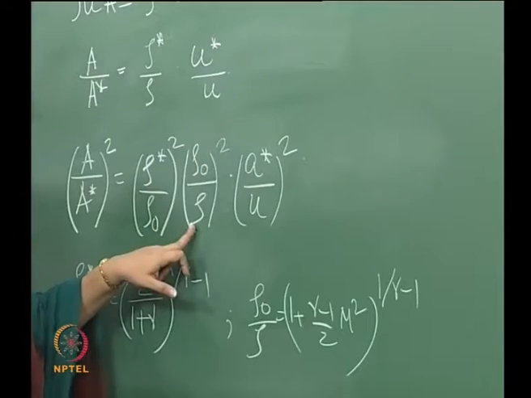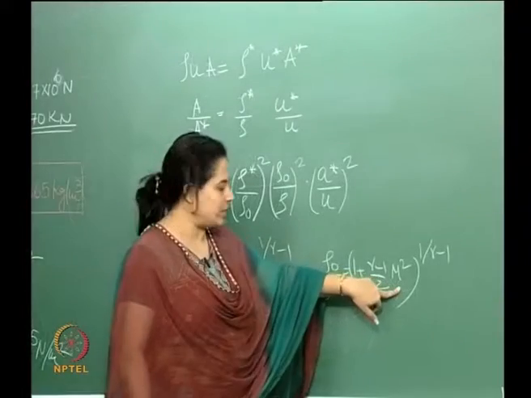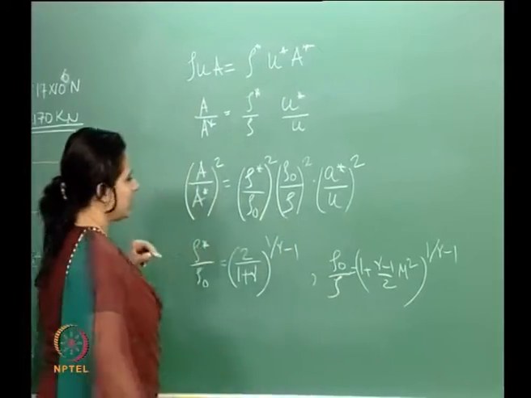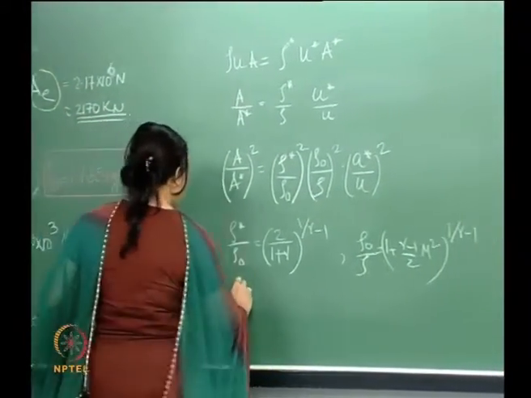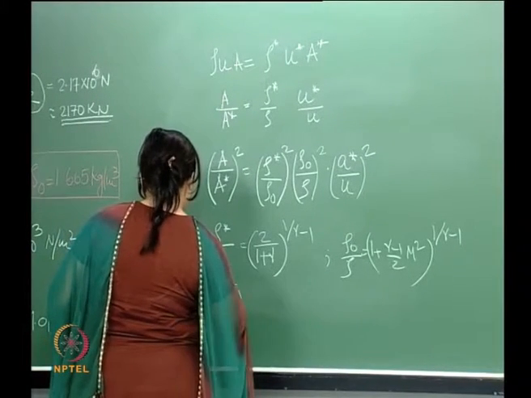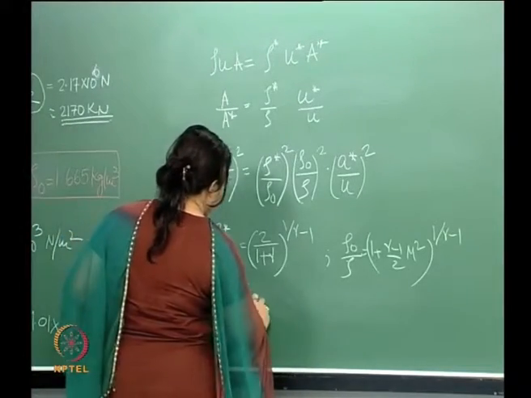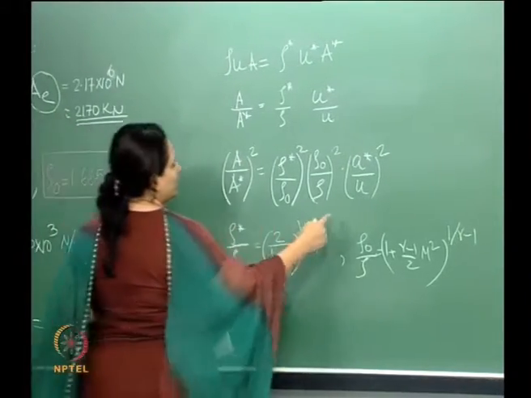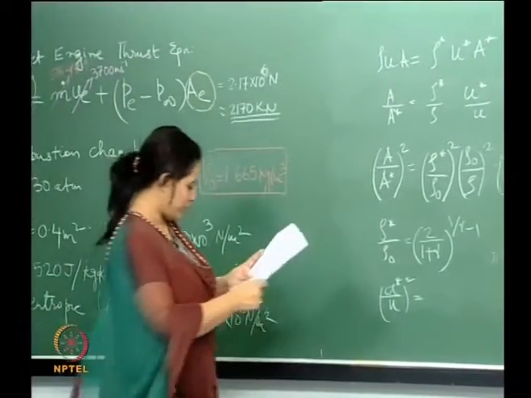Now, rho naught by rho will be in terms of the Mach number. So we can get that in there. Okay. And again, a star by u, right. So this is what? This is nothing but the velocity by the velocity of sound at the throat, right.